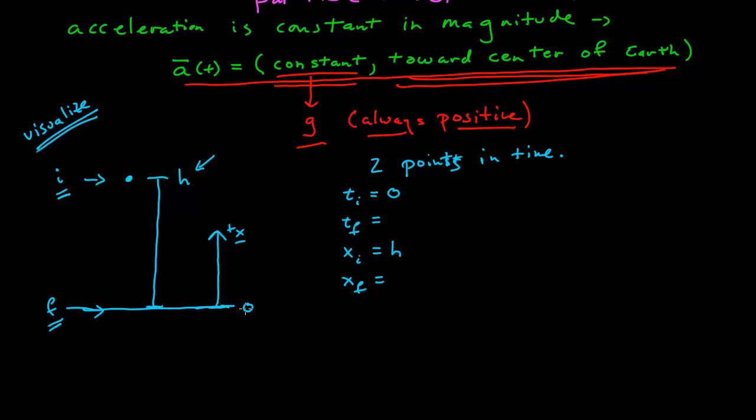That's when it hits the ground. Immediately when it hits the ground, that's at x equal to 0, so my final position is 0. My initial velocity is equal to 0 because I'm releasing it from rest, and my final velocity is then unknown. I don't know what that is. And so delta t, I know that, that's equal to t sub f because my initial time is 0.